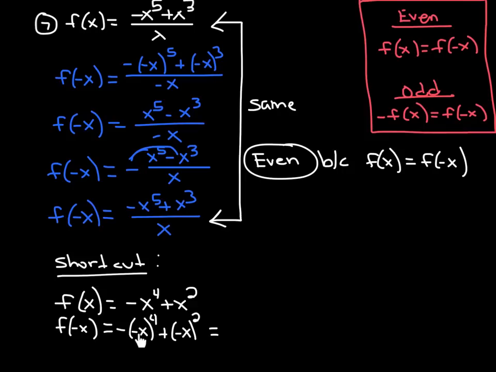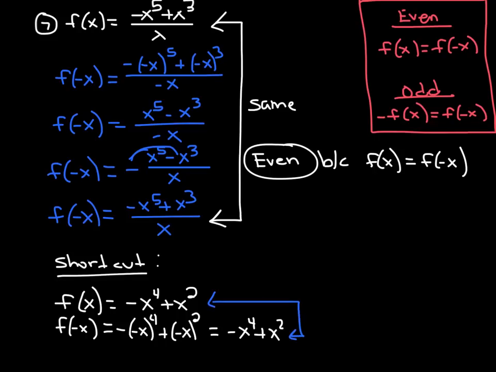So here we have positive x to the fourth. So a negative times a positive x to the fourth is negative x to the fourth. And then here, again, a negative to an even power is positive. So we have positive x squared. So positive times a positive is positive, so plus x squared. So you can see here that these are the same.